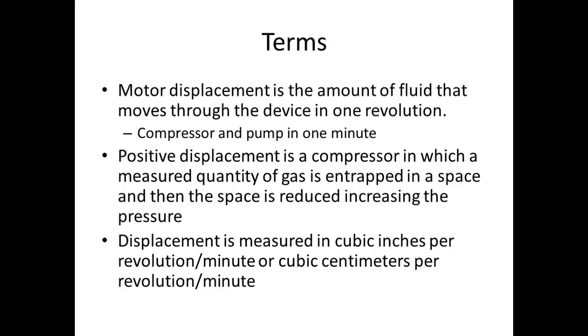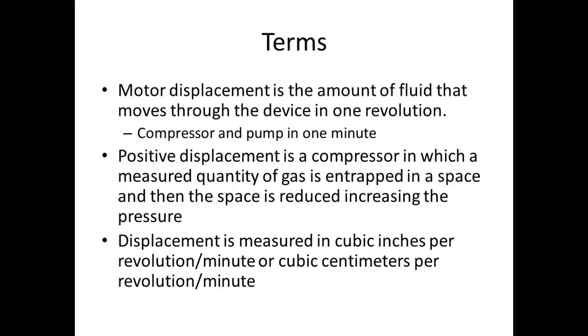So displacement is the amount of fluid that moves through the device in 1 revolution. And in compressors, it's in 1 minute: cubic feet per minute, gallons per minute, right? So usually this is the way we give the flow. Positive displacement is a compressor in which a measured quantity of the gas is entrapped between spaces, and then they decrease the space.